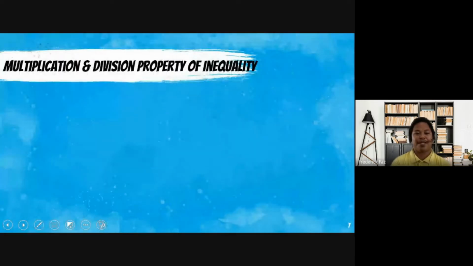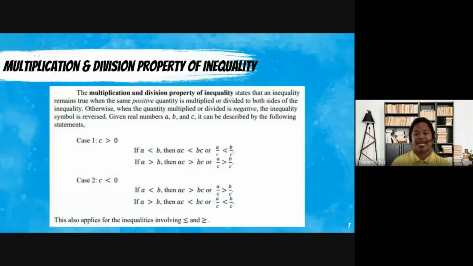We have this multiplication and division property of inequality. So we have two cases here. So if C is greater than 0, so if, for example, C is equal to 2, and A is 1, B is 3.